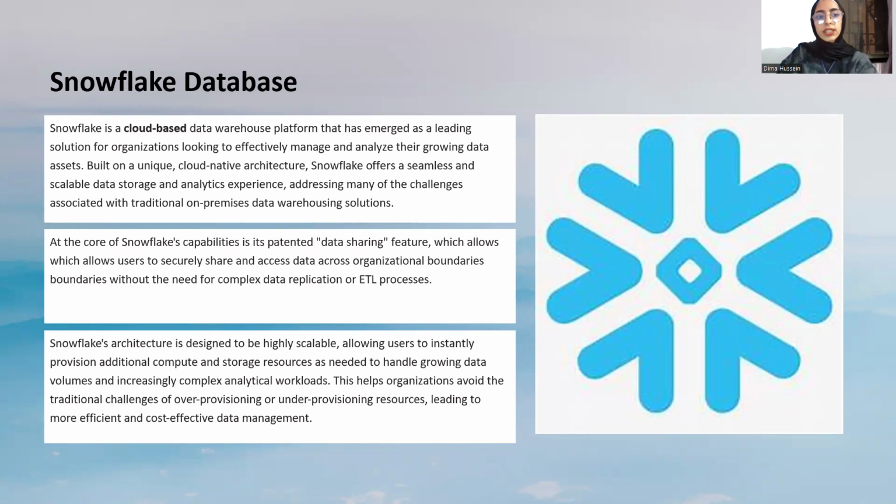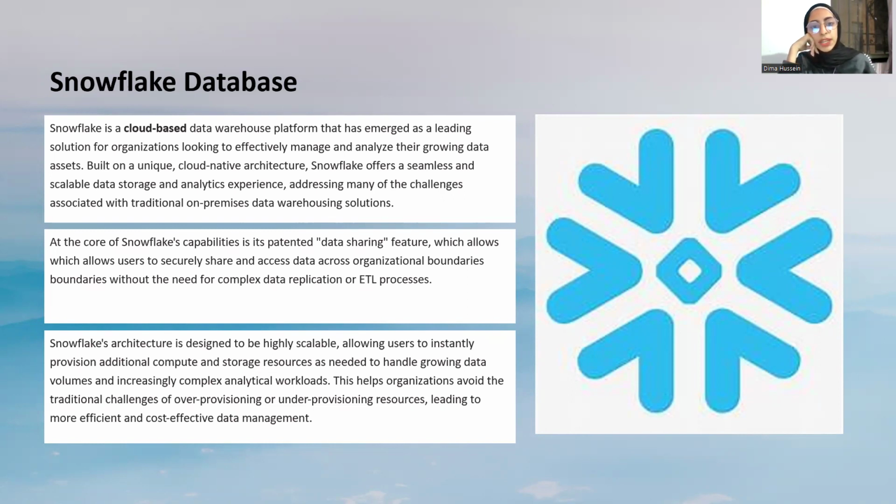As I just said, it's a cloud-based data warehouse platform that has emerged as a leading solution for organizations looking to effectively manage and analyze their growing data assets, just like we've mentioned Netflix or Facebook, for example, and it's built on a unique cloud native architecture.